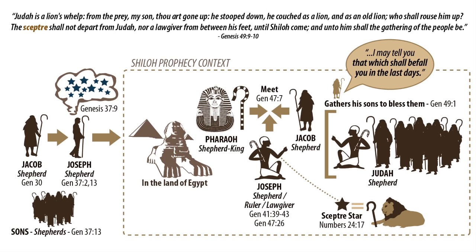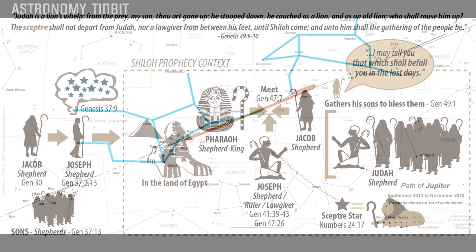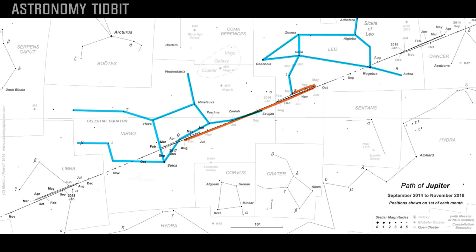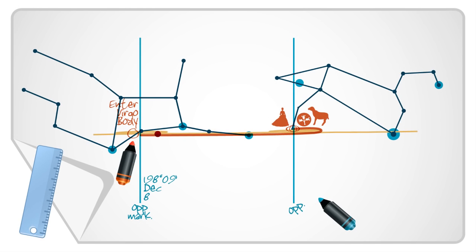The scepter is a shepherd's crook. And so when we look into the heavens and we see connected with Shiloh, the lion, the scepter, the shepherd's crook, we can positively identify what we're supposed to be looking at, particularly as we anticipate the gathering of Shiloh's people.